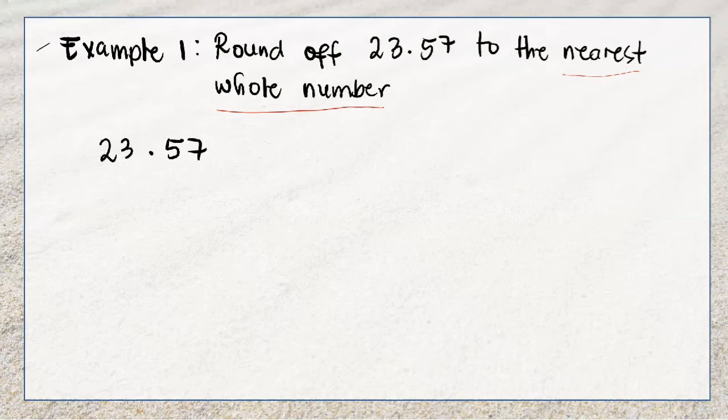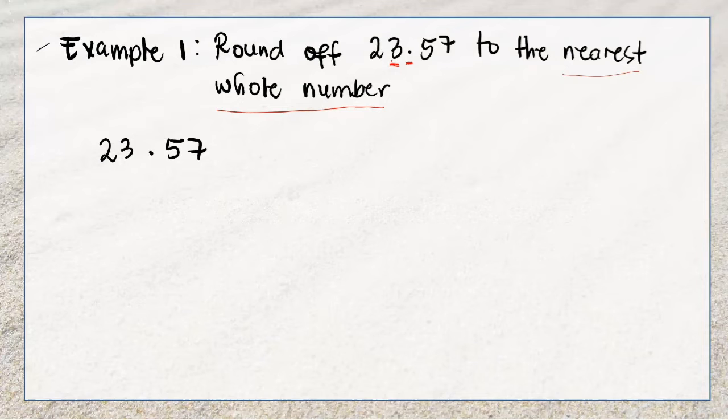Pag sinabi kasi nating nearest whole number, ito daw yung whole number na pinakamalapit kay decimal point. If this is the decimal point, the nearest whole number is the 3, which has the place value of ones. Therefore, kapag sinabi natin round off to the nearest whole number, we always round it off to the nearest ones.